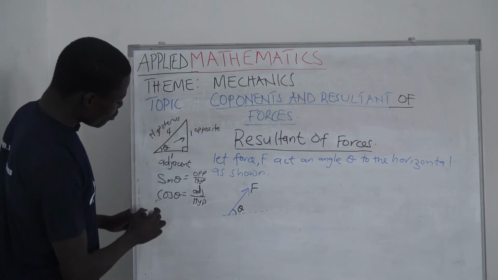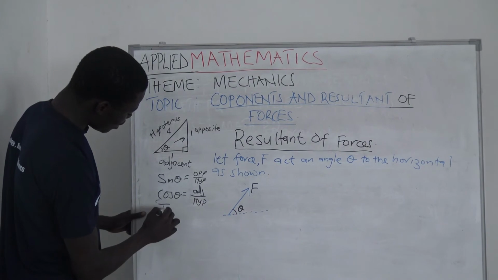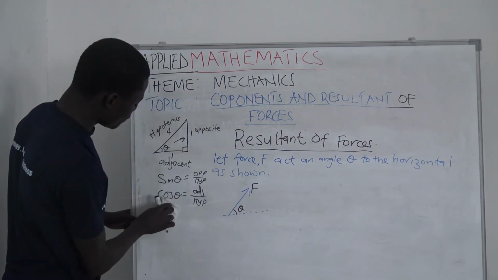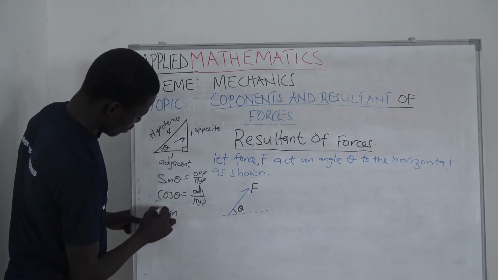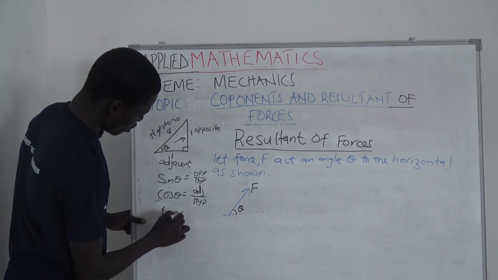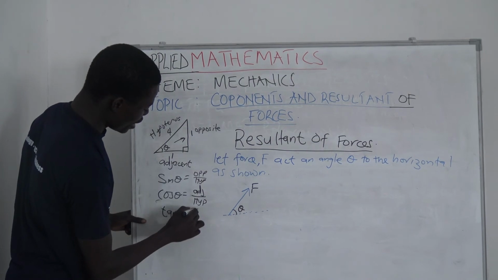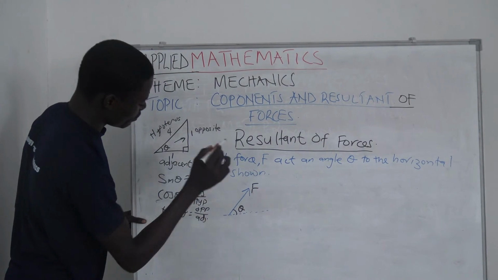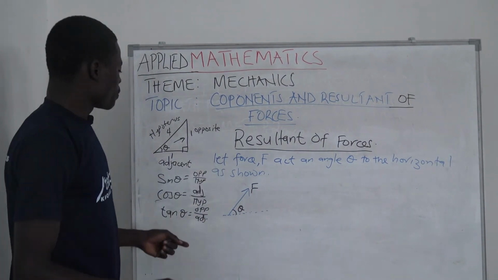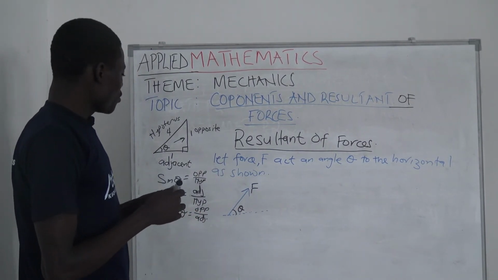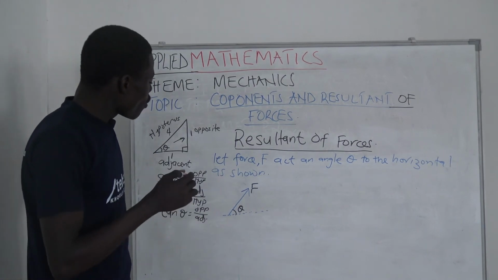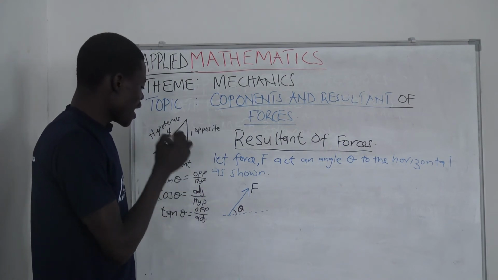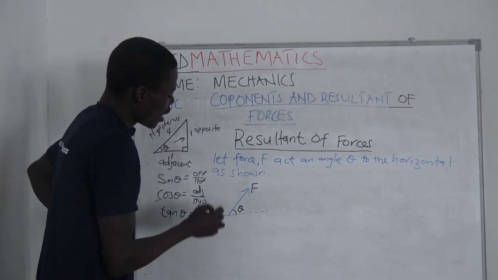The other one which we learned about was tan theta, which is given by opposite over adjacent. So that's how we can calculate these. If you know these identities, the sine, the cosine, and the tan, you know how you get them.